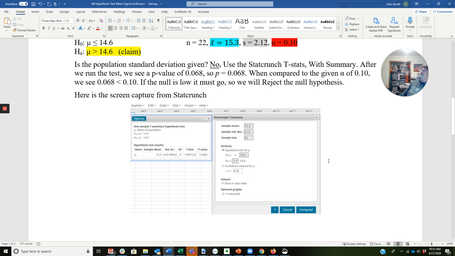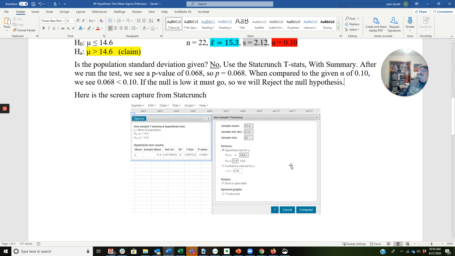Okay, so let's see what this looks like in Statcrunch, and you'll see one sample T, so the summary: sample mean of 15.3, sample standard deviation of 2.12, and a sample size of 22. My hypothesis is the mean is equal to 14.6, and my alternative is mu is greater than 14.6.